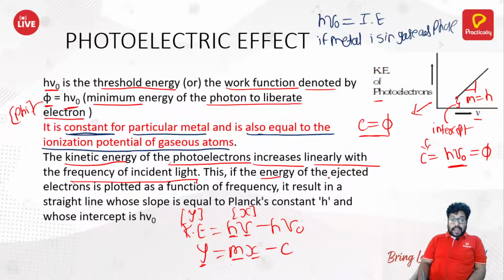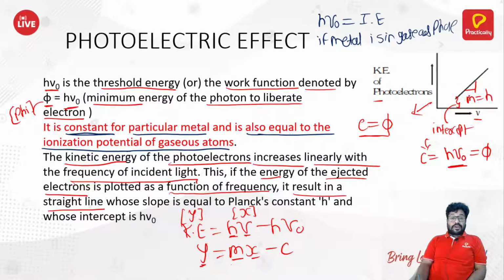Thus, if the energy of the ejected electron is plotted as a function of frequency, it results in a straight line. See, this straight line indicates what? That kinetic energy of your ejected photoelectron is directly proportional to the frequency of your radiation.